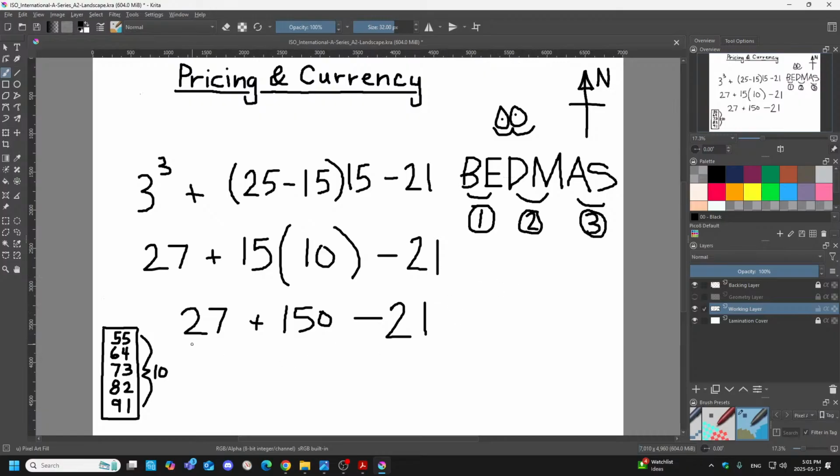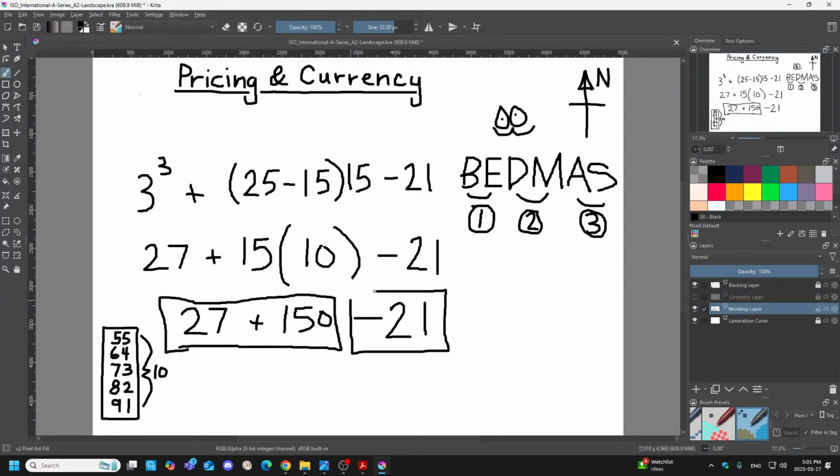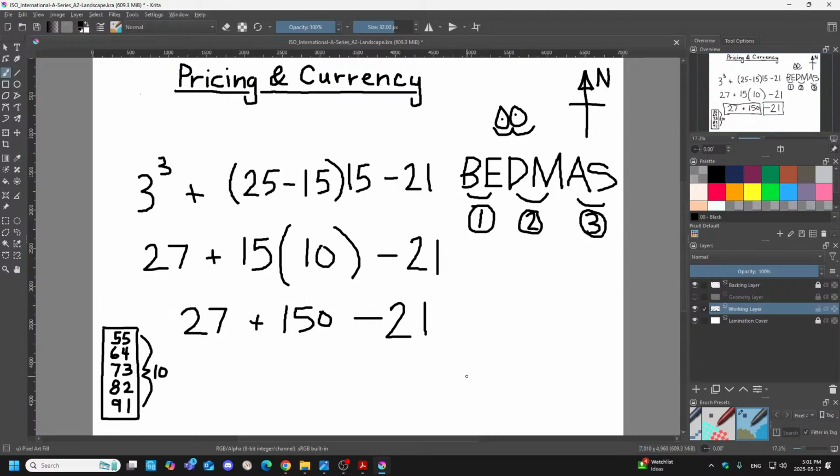So this is going to increase, right? When we add two numbers together, we're increasing, right? This is a decrease. So however you want to do it is up to you. It doesn't really matter. You could do this first. It still all works out in the end, right?